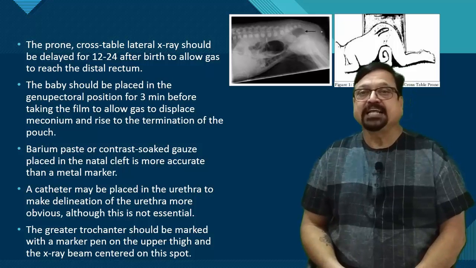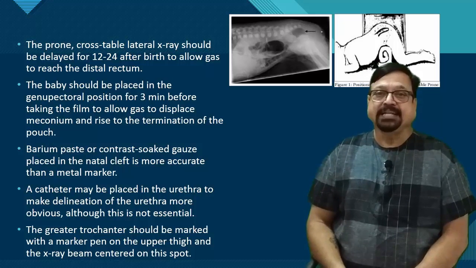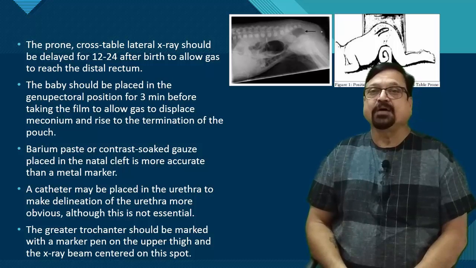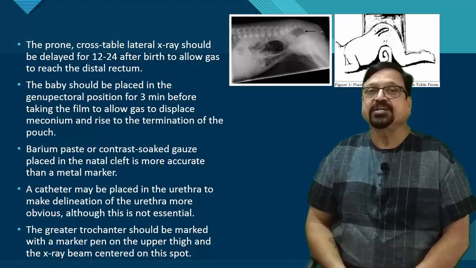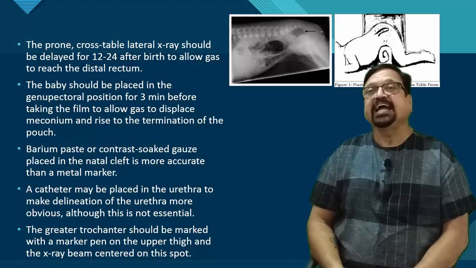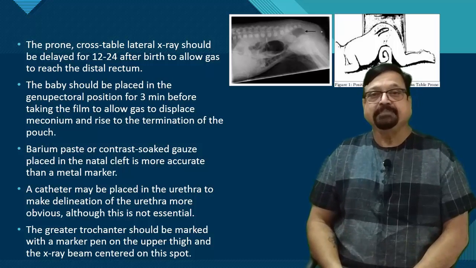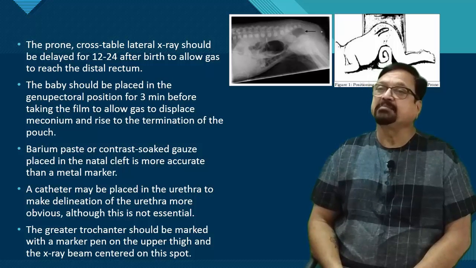The baby should be placed in the genupectoral position for 3 minutes before taking the film to allow gas to displace meconium and rise to the termination of the pouch. So the terminal pouch has to be seen, and that gives us the idea whether it is high type, low type or intermediate type. The barium paste or the contrast soaked gauze placed in the natal cleft is more accurate than a metal marker.